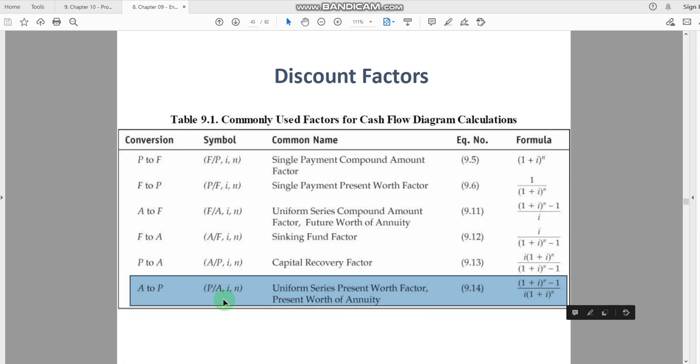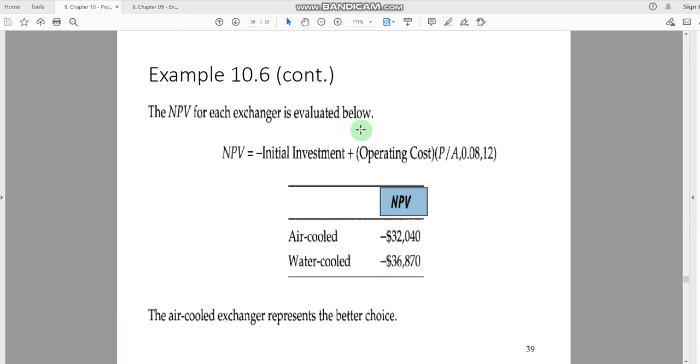We are provided with the annuity, or the operating cost annually, and we want to calculate the present value. The equation is ((1 + i)^n - 1) / (i(1 + i)^n). We can use this equation in our analysis to get the present value of the operating cost.